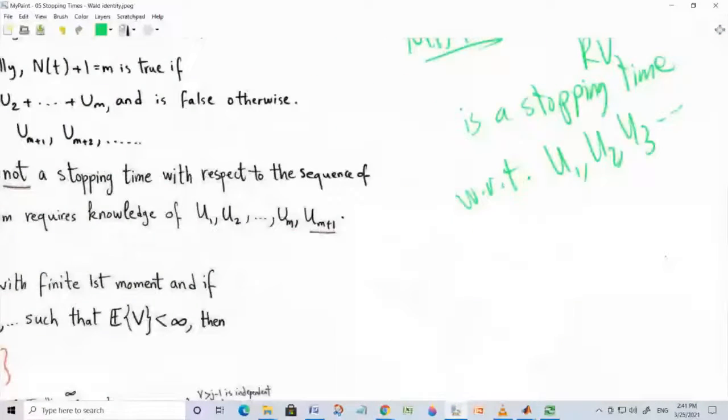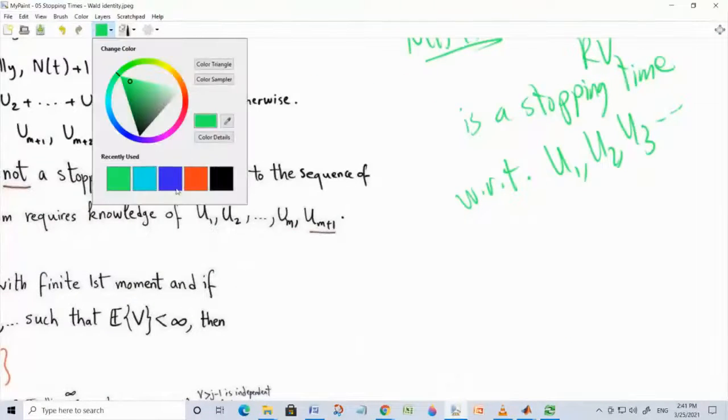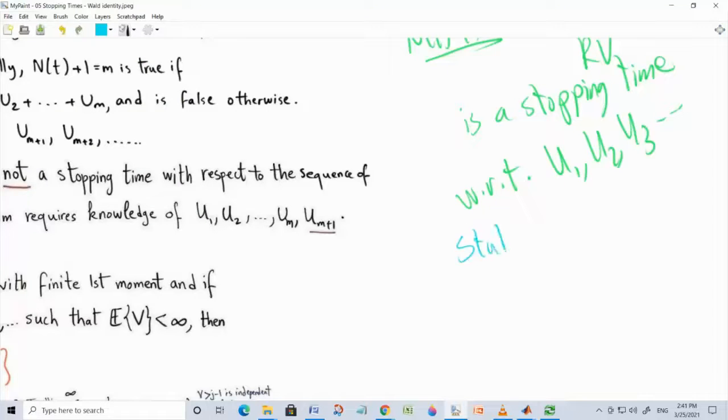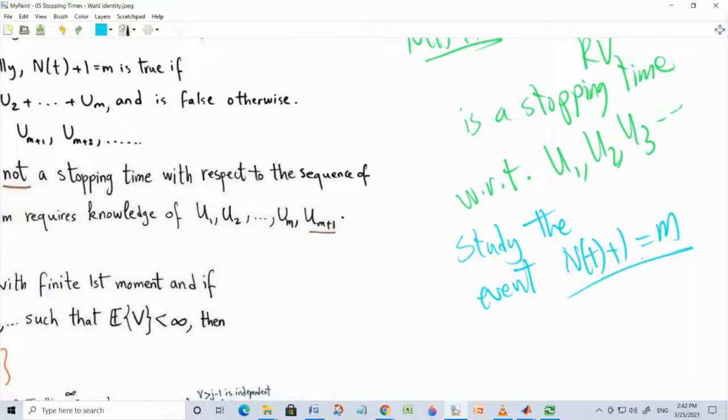So let's study the event N of t plus 1 is equal to m, which is equivalent to N of t is equal to small m minus 1.